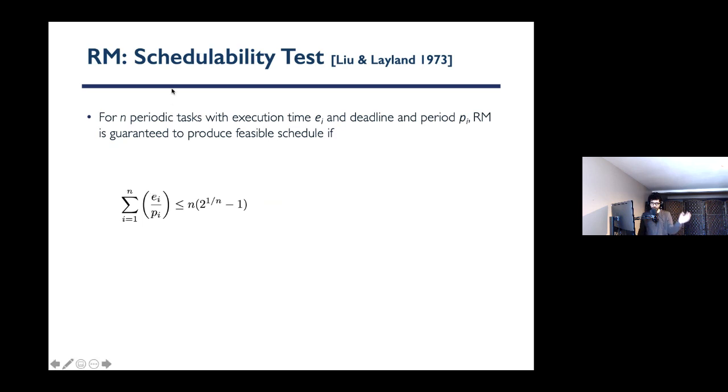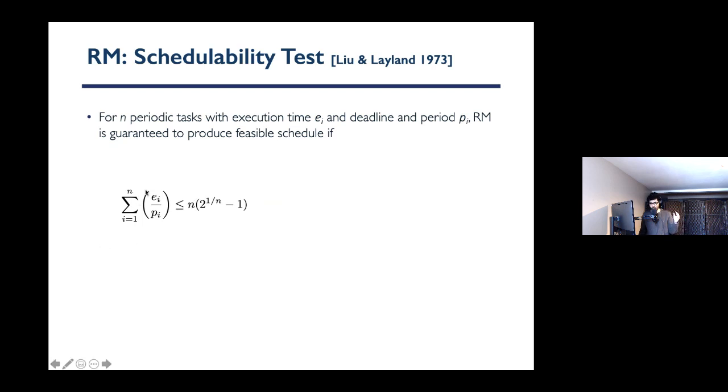Now, let's say it's less than 100%. This is the utilization of your task set, the total utilization. If it is less than n times 2 to the power of 1 over n minus 1, then it is guaranteed that rate monotonic can produce a feasible schedule. This, however, does not mean that if it is more than this number, rate monotonic cannot.